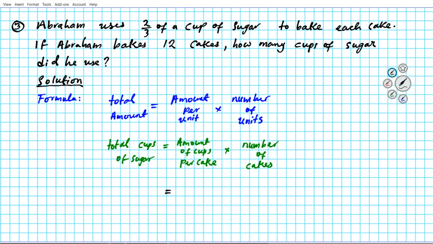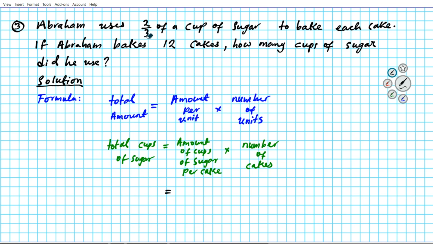Okay, so in this problem, the total cups of sugar used is going to be the amount of cups per cake. Let's be more specific with the left side of this formula, the multiplier: amount of cups of sugar per cake. How much sugar is used in each cake?